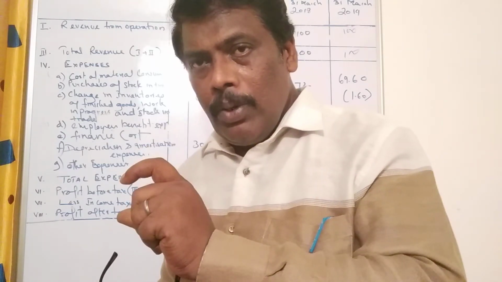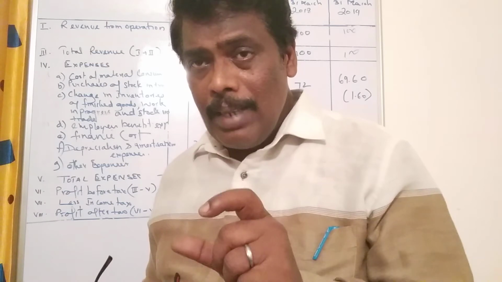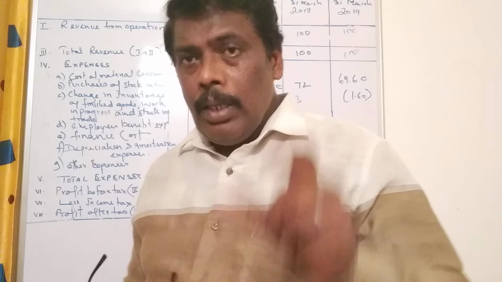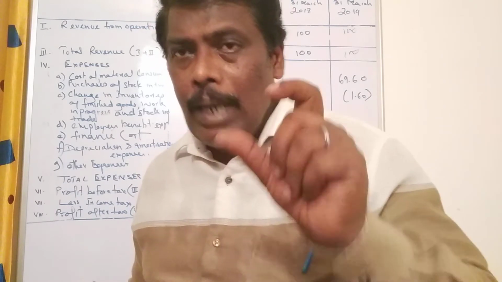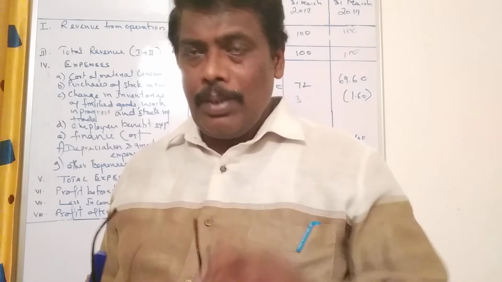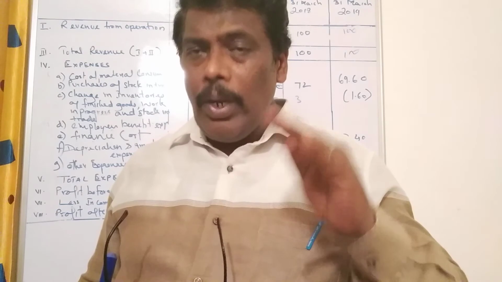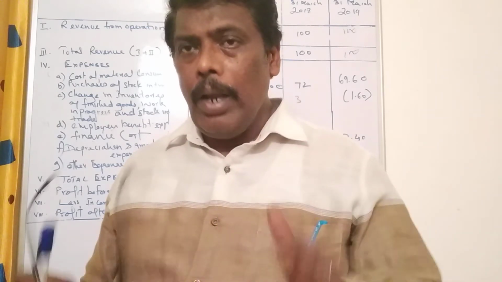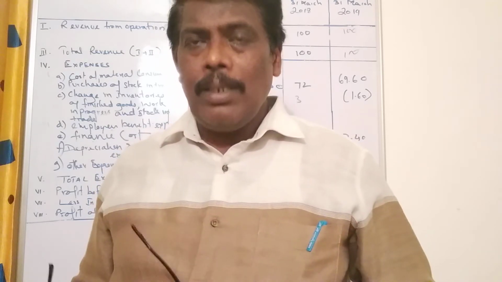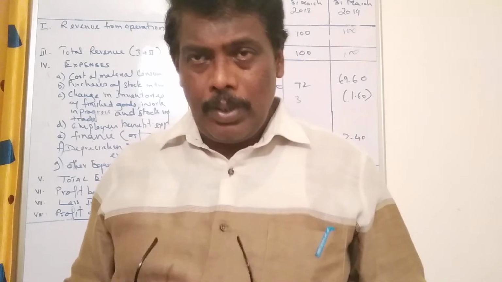Same process here we are going to follow, but we are not going to take the total. We are going to take the revenue from operation as a base. On the base of that amount, we are going to convert the amount into percentage in order to assess ourselves whether we are better than previous year or not.